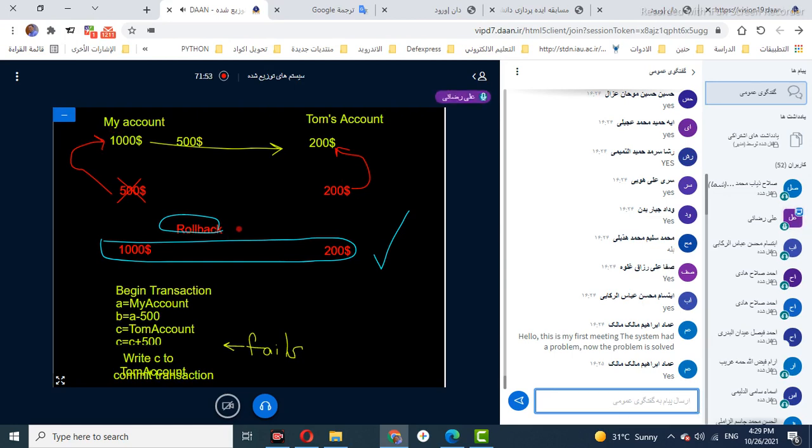Because if we haven't done such a thing, we will have these two wrong numbers. My account will be $500, and Tom's account is $200, and $500 will be lost in between. Okay? This is very important to learn.